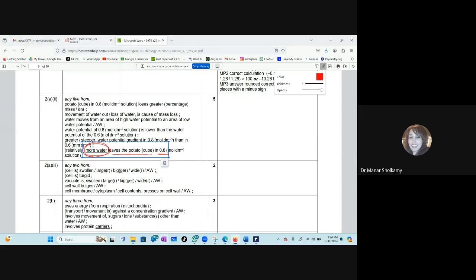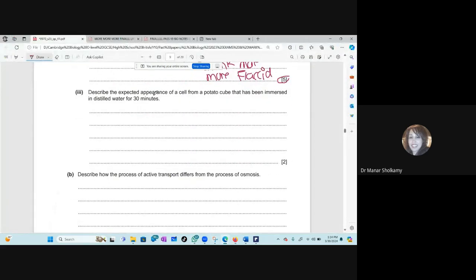Okay, let's not waste time on this question. Describe the expected appearance of a cell from a potato cube that has been immersed in distilled water for 30 minutes. So how will you describe this cell? In distilled water.